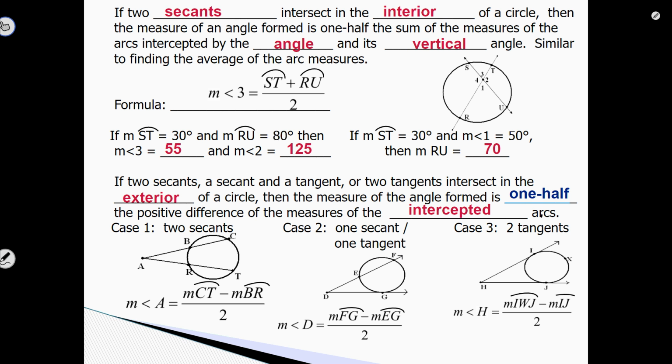So remember, the intercepted arcs are the arcs between the lines, right? So that would be this arc and this arc, because they are between the lines. If I want the positive difference, we said that meant the big one minus the small one. Well, visually, you can see the big one would be CT. So you have CT minus the small one, BR, divided by 2 is going to give you the measure of this angle out here.